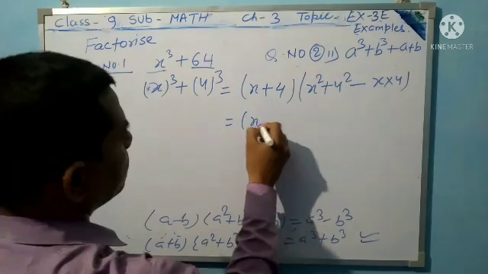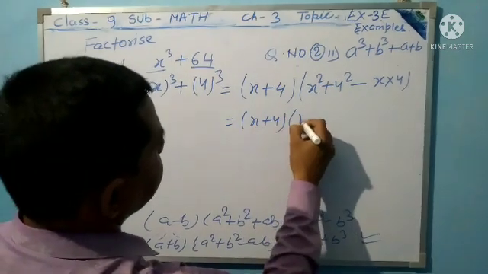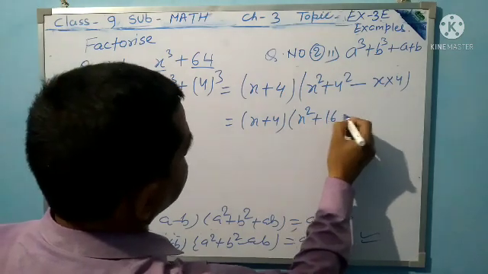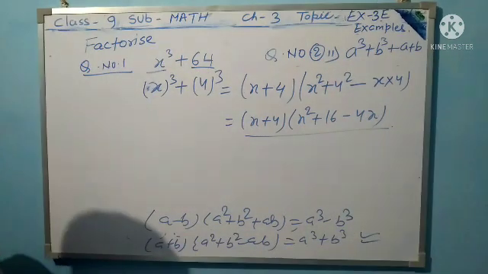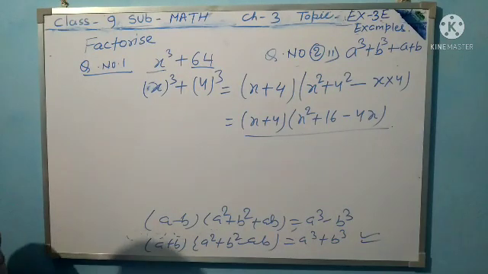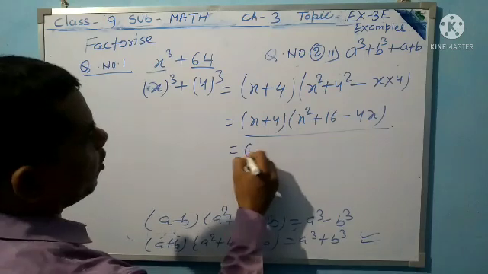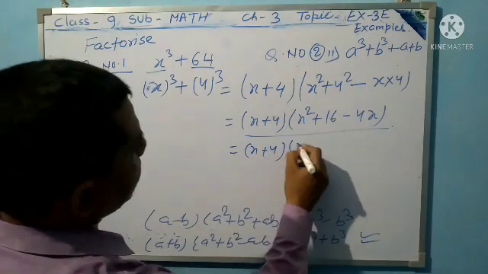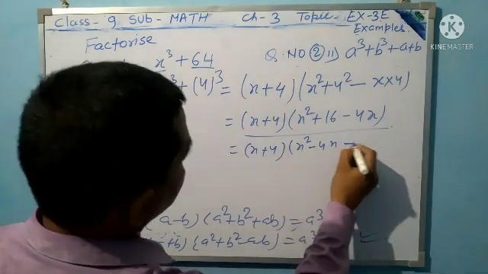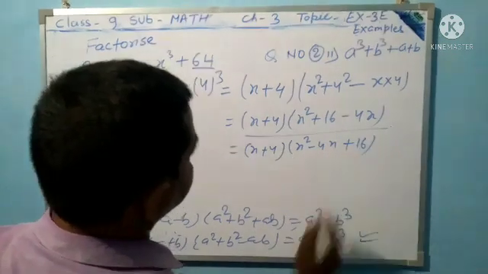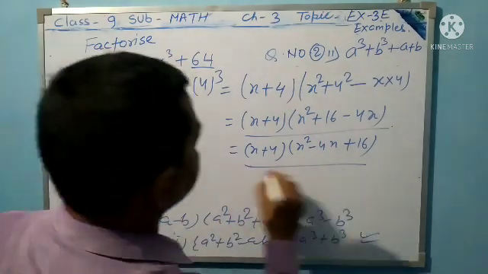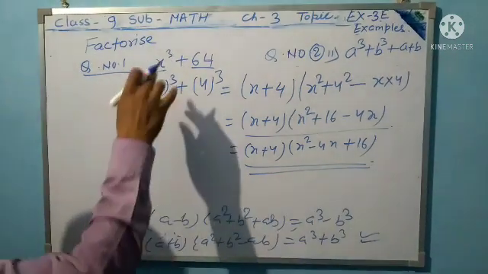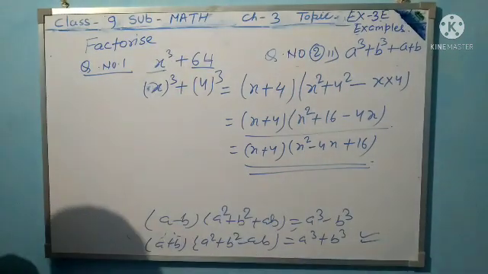So that is (x plus 4) times (x square plus 16 minus 4x). So the solution is (x plus 4) times (x square minus 4x plus 16). So this is how x cube plus 64 is factorized.